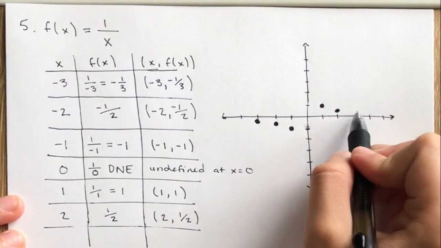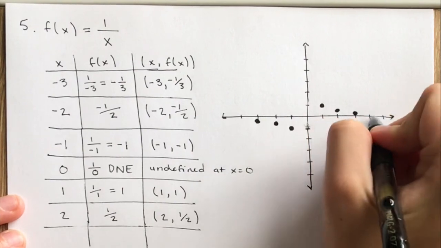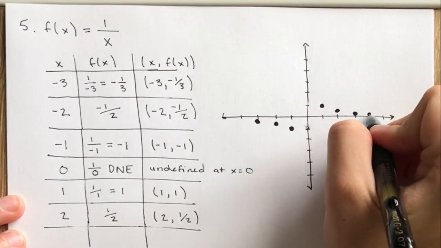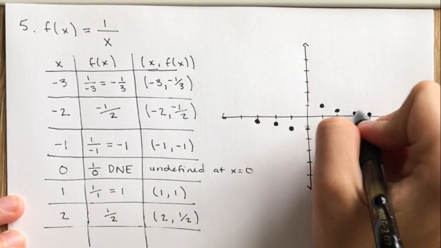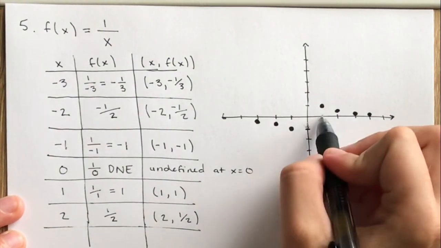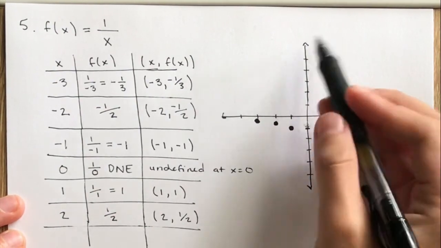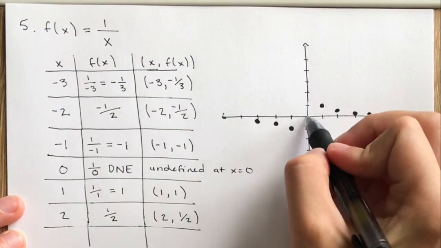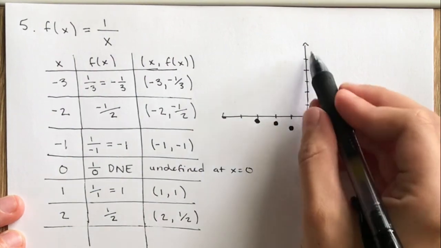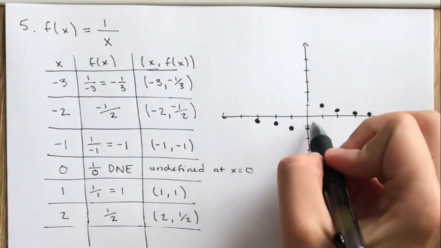If we have 3, we've got 1/3. 1/4, right? It's going to keep getting closer and closer to the x-axis. Now let's see what happens when we get into this area, because this is looking really funky. All we know is that we're undefined at x equals 0, so we don't have any points on the y-axis where x equals 0. What's going on in here?